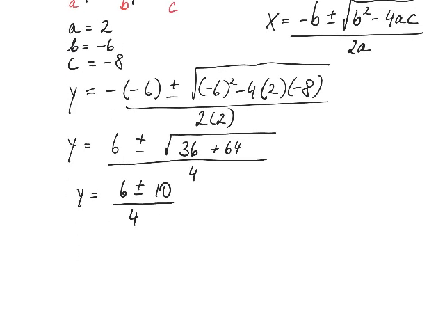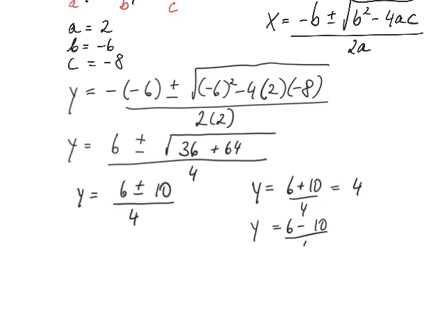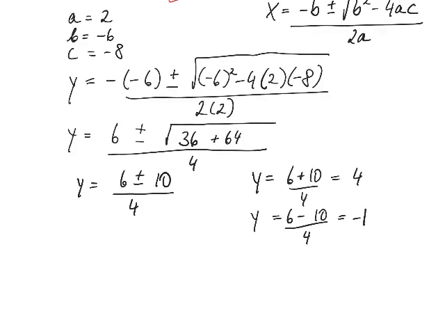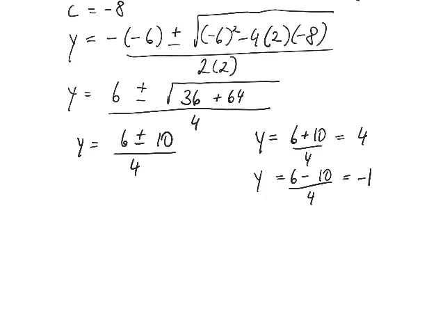So y equals 6 plus 10 over 4, which gives me 4, and y equals 6 minus 10 over 4, which gives me minus 1. So I found the y: one is y equals 4 and the other is y equals minus 1.